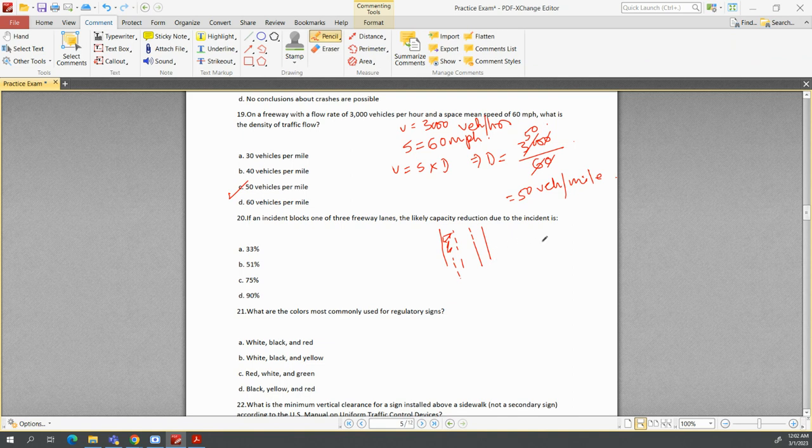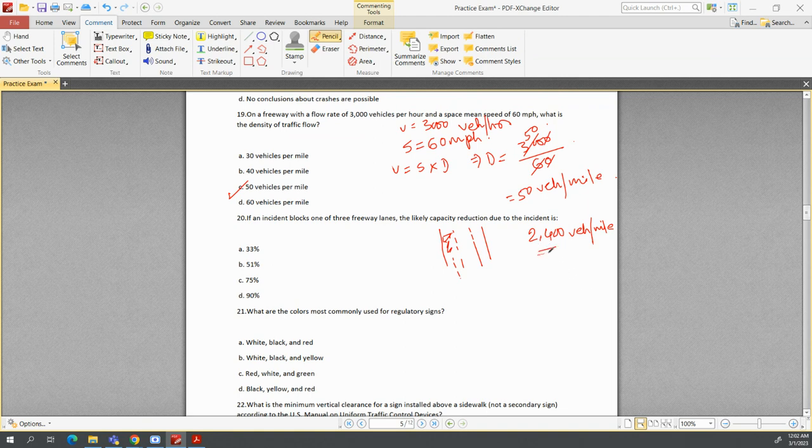So what is it in the normal case? What is the capacity? What is the flow of a freeway lane? That is around 2,400 vehicles per hour per lane, right? In a freeway, I'm talking about. Nearly around 2,200 to 2,400, like that, 2,500, somewhere right there.